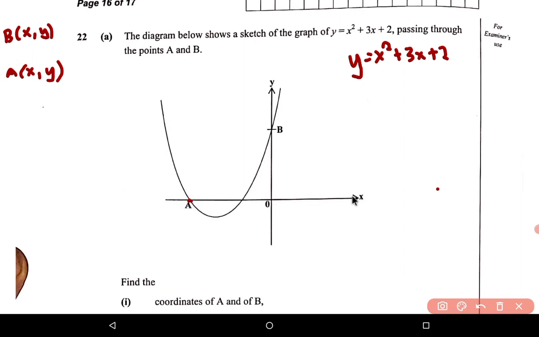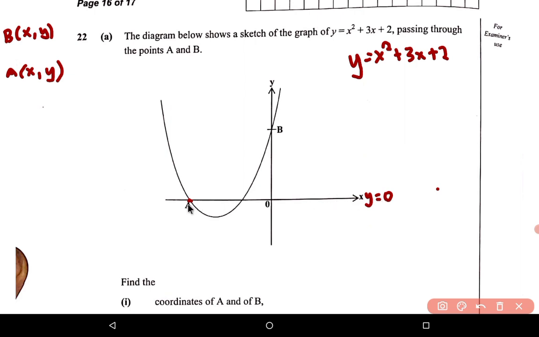The x-axis here is also called y is equal to 0, and this is because in the x-axis y is always equal to what? To 0. So this is what we have. Now if we replace 0 in this equation, it will give us the x-axis of this line.